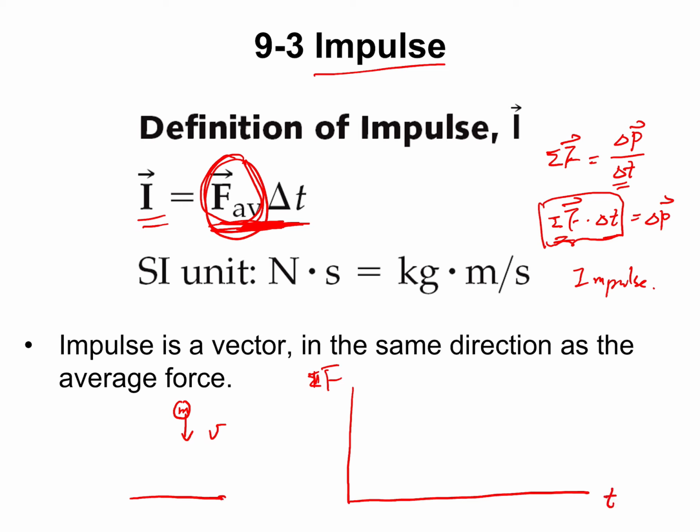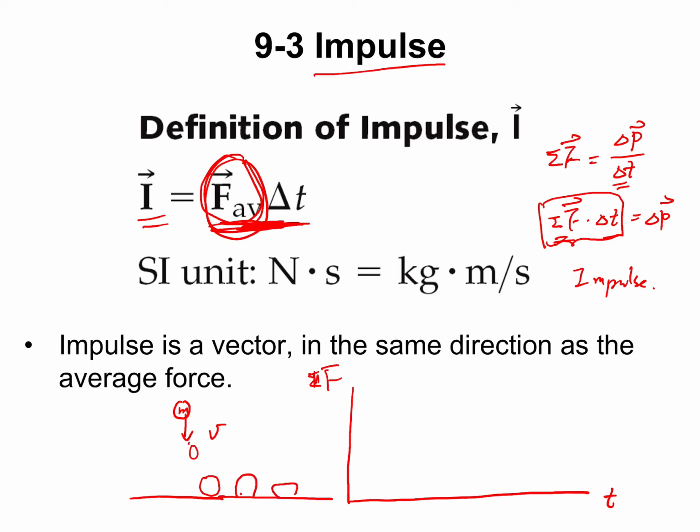So what happened to this object, right? The object is moving down, then almost touches the surface, right? Touches the floor. And if you have a high-speed camera, you can see the shape change of the object.